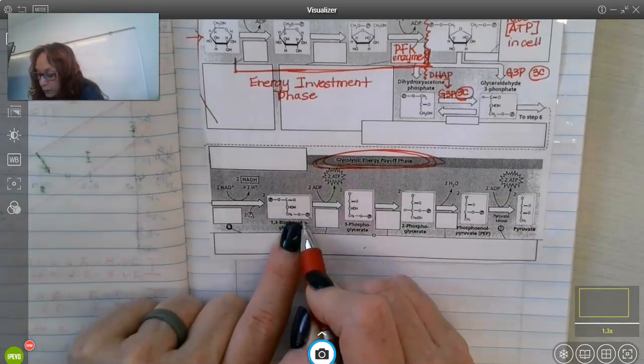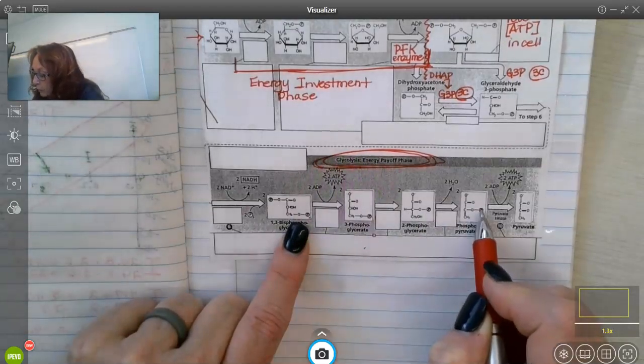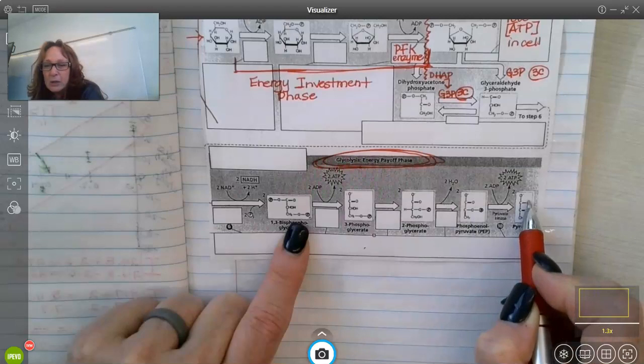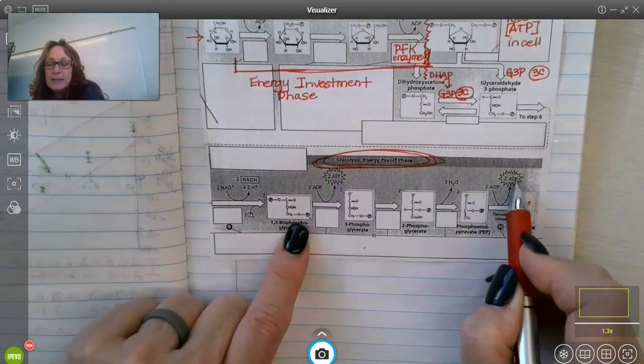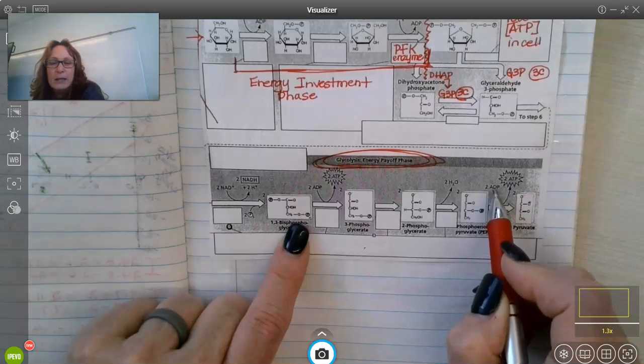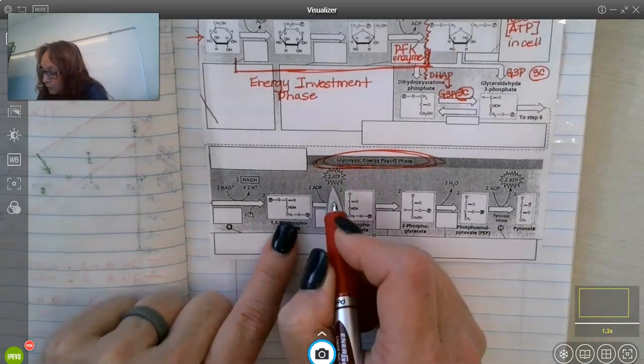There's two there. There's just one here, one here, one here, none here. Every time we lose a phosphate, it was given to ADP to form ATP. So we can put that on here.